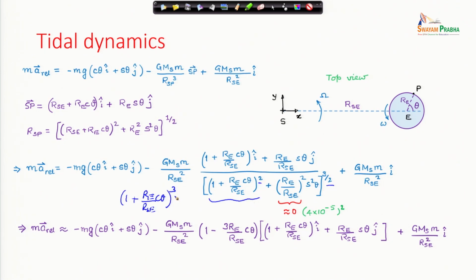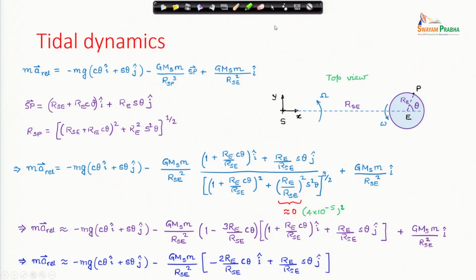So, this will be cube, which I take to the numerator and do an expansion and retain only up to first term, because Re by RSE is of order 10 to the power minus 5, and this is what I get. This is purely algebra approximation, and rest of the thing follows from here. If you simplify these expressions, then you arrive at this right hand side. So, mass times Arel is approximately equal to this on the right hand side.